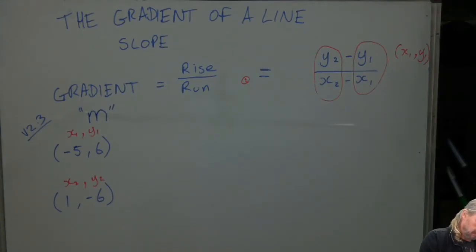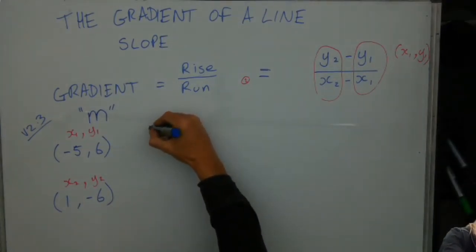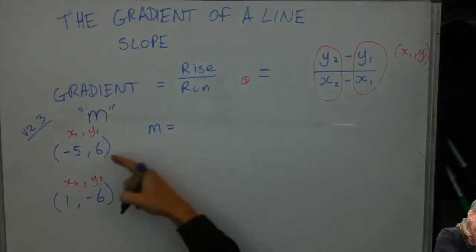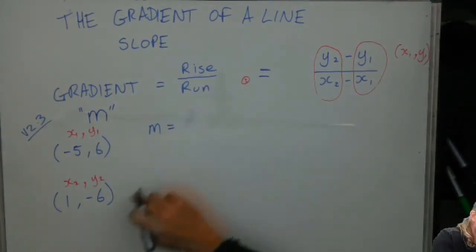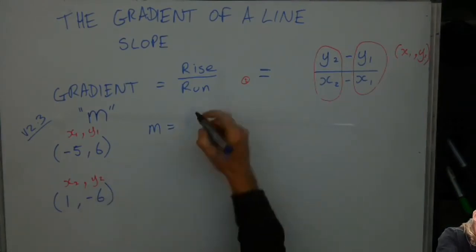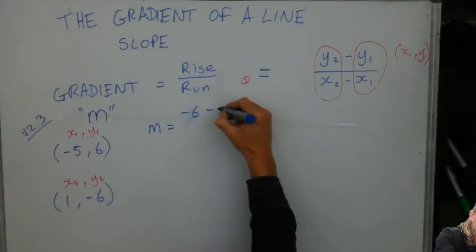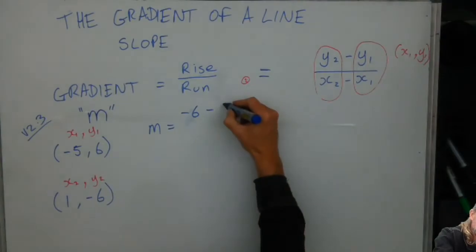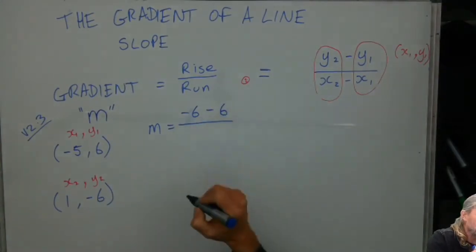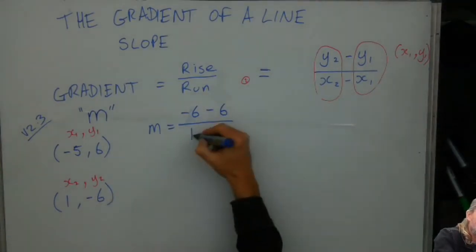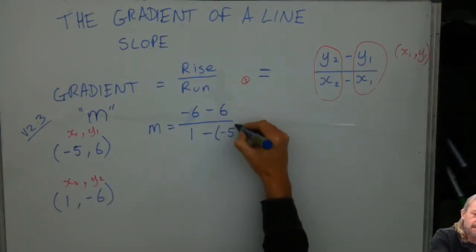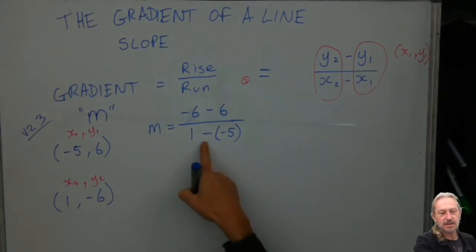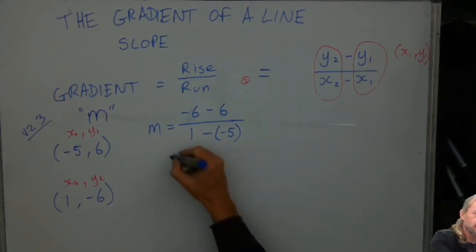So the gradient m equals, oh, get it the right way around. y2, negative 6, take away this positive 6, divided by 1, take away negative 5. So I put that in brackets so I don't get confused.